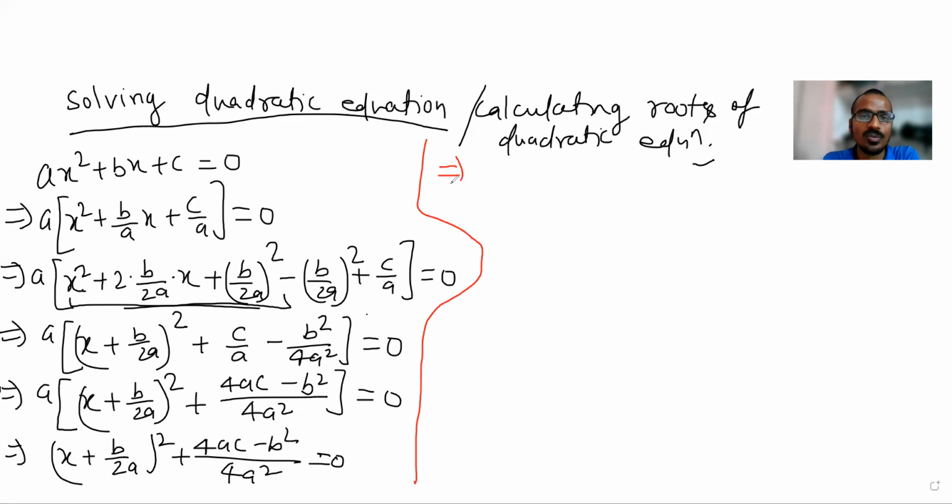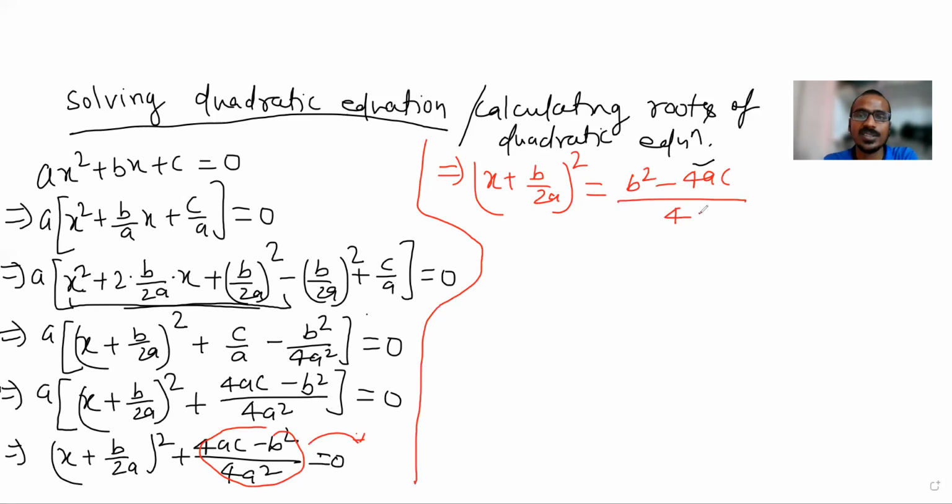Good. Now what am I going to do? x plus b by 2a to the whole square is equal to, take this thing to the right side, and what will it become? It will become b square minus 4ac by 4a square. On going to this side, it will become negative.